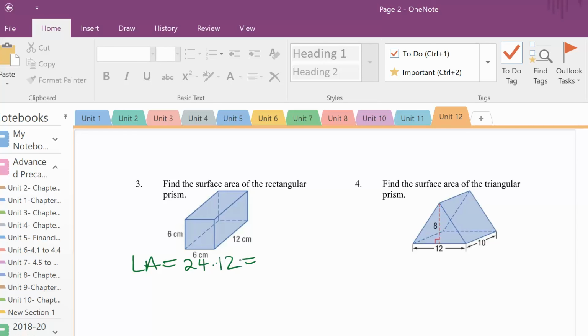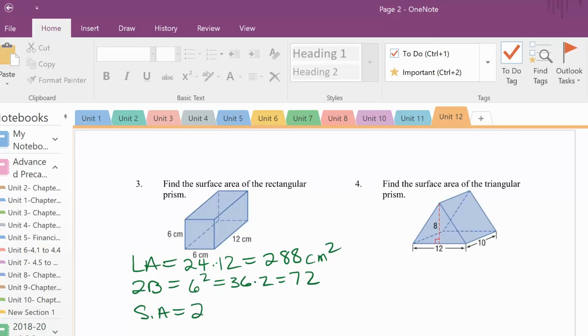So 24 times 12 gives you 288 square centimeters. The area of the two bases: one base is a square, so it's 6 squared, which is 36, times 2, which is 72. So the surface area is 288 plus 72, which is equal to 360 square centimeters.